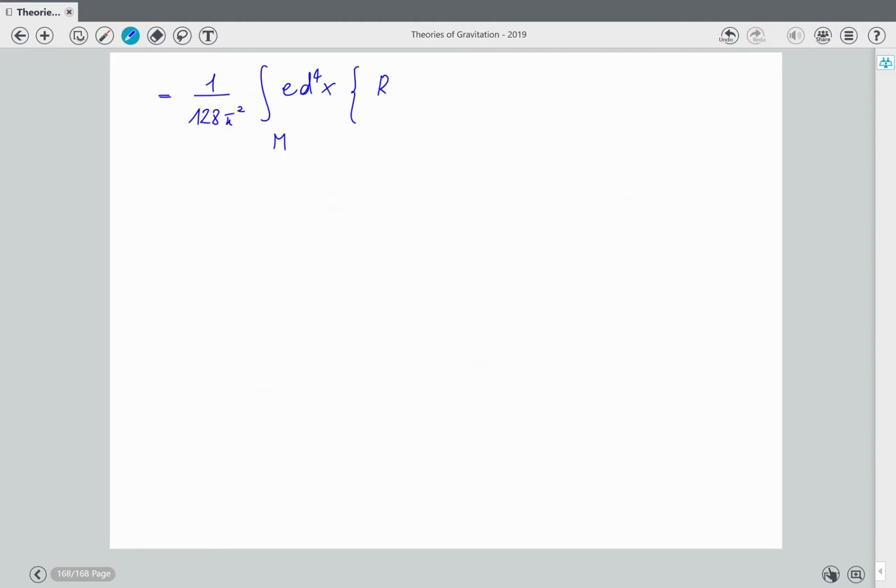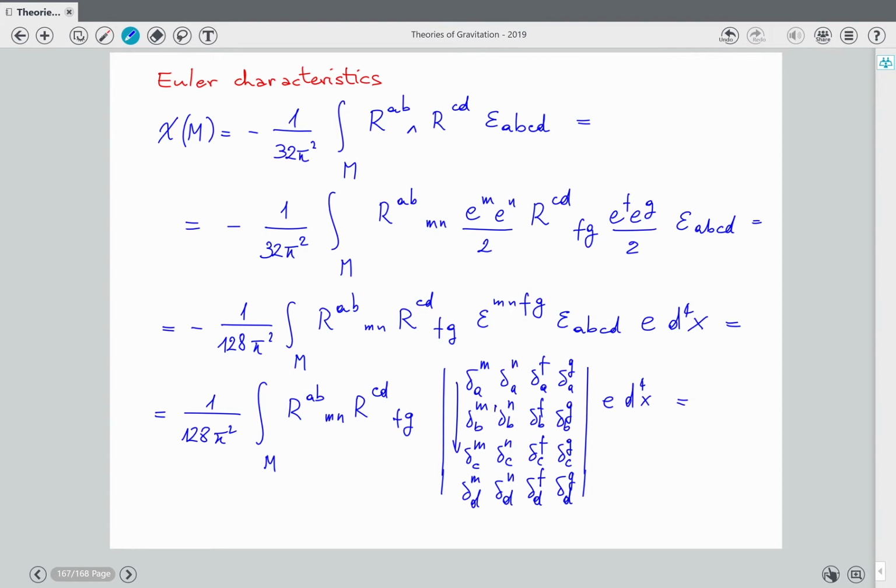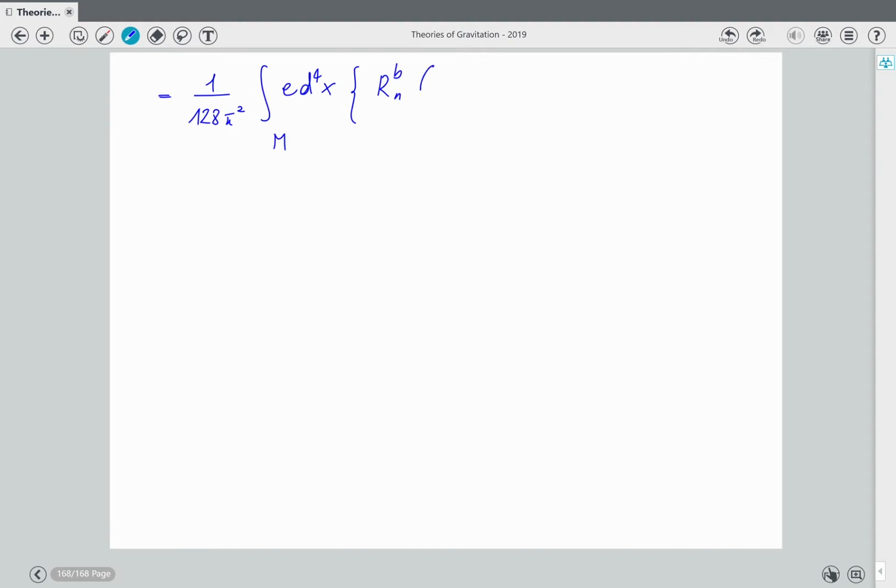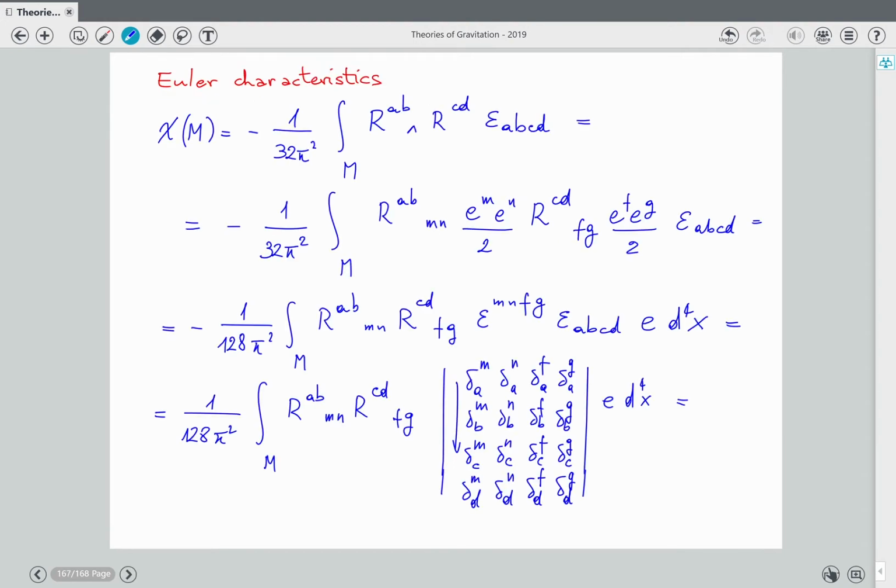So you have the Ricci tensor R_BN. And then we have this determinant, and that will give essentially two terms. So we introduce another parenthesis. Here you can have delta BN times delta CFGD, and then the crossing will give twice the same result.